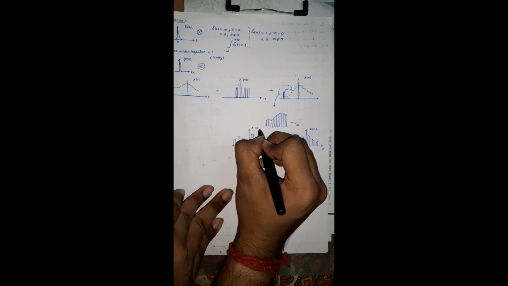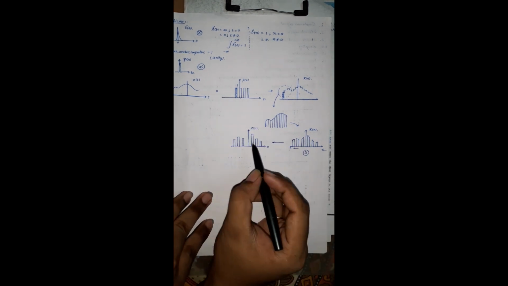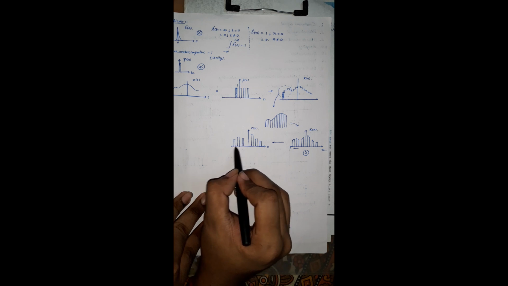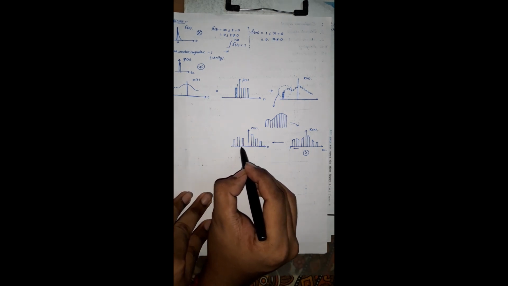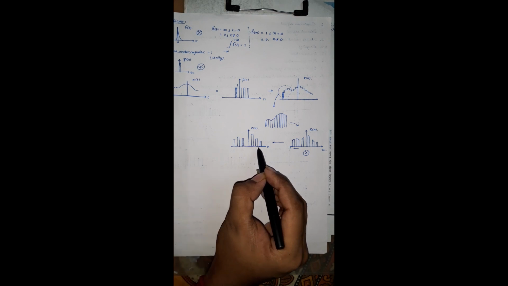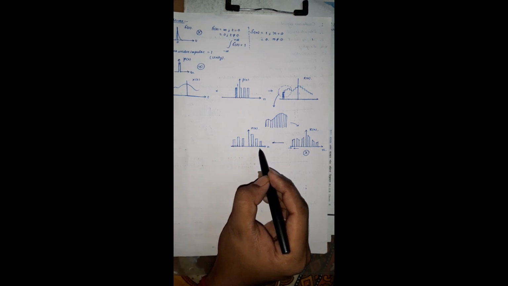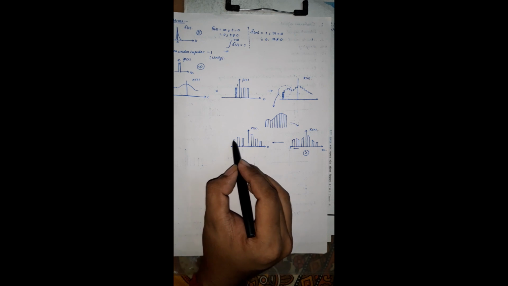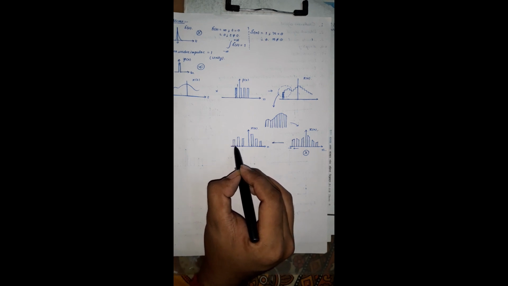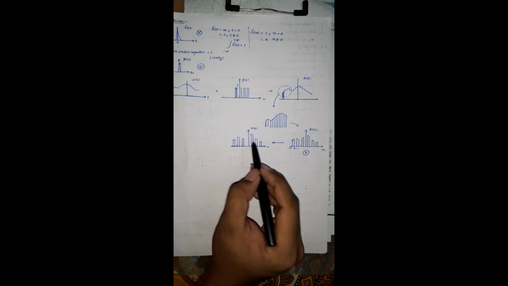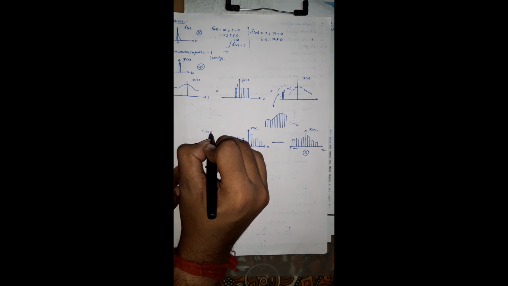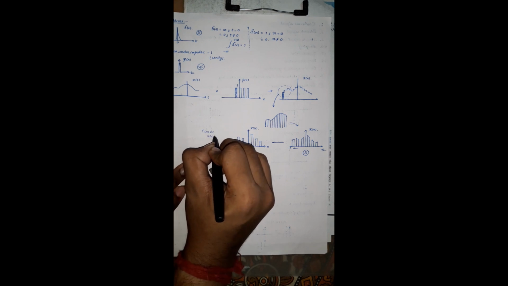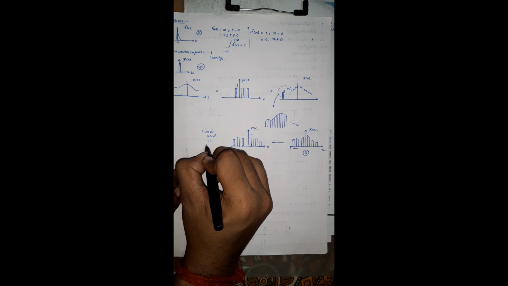Now you can see that the samples have been taken at discrete time intervals, as well as the top of the samples is flat. Okay, now this can be used in the quantizer.